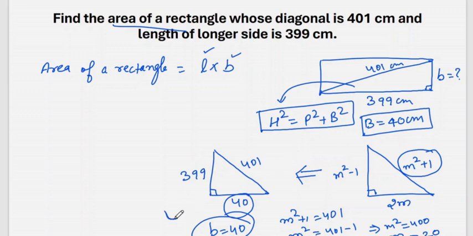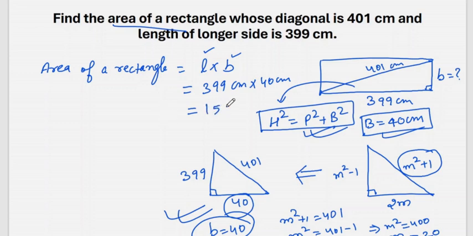So either you can find the value of B from this concept, or you can use that concept. Now we have got L as 399 centimeter and the breadth 40 centimeter. So the final answer will be 399 into 40, so you will get 15960 centimeter square. So this is your final answer.